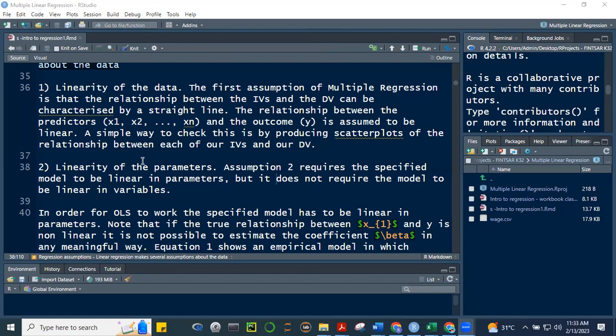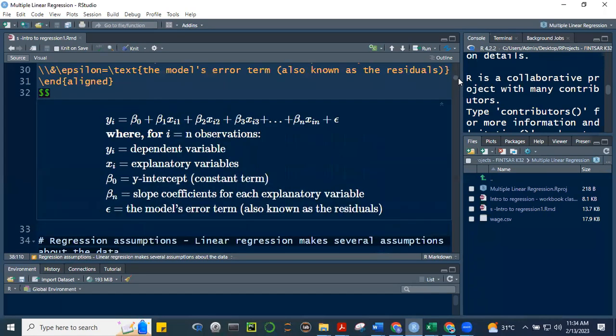Next assumption is linearity of the parameters. What do you mean by linearity of the parameters? When you take a look at the model, linearity of the parameters means that your coefficients, these ones, should be linear.